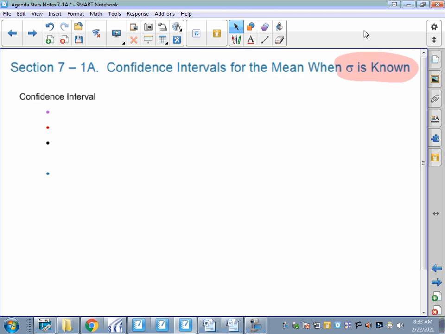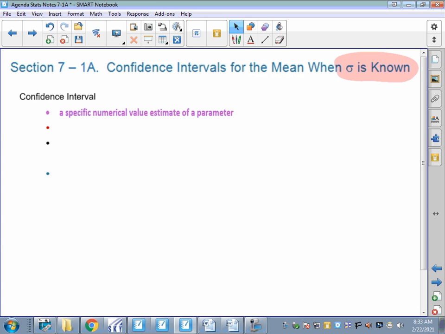So the first thing, let's talk about a confidence interval. So a confidence interval is a specific numerical estimate. The average age is from 12 to 19. Right? So it's a specific estimate of a parameter. Remember, parameters are for population.